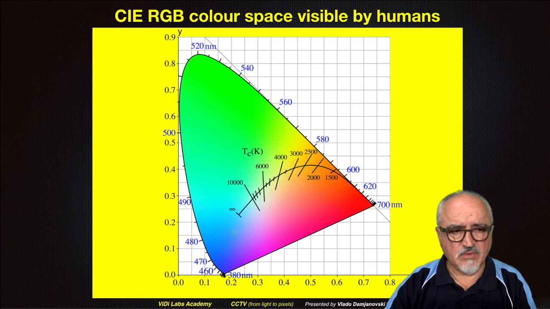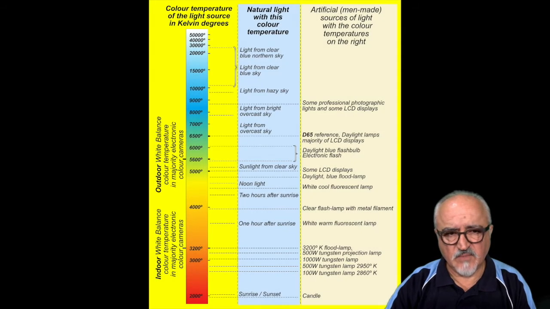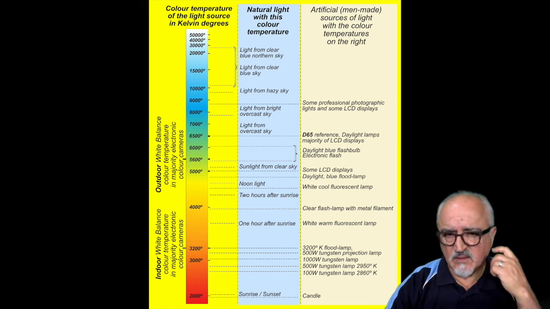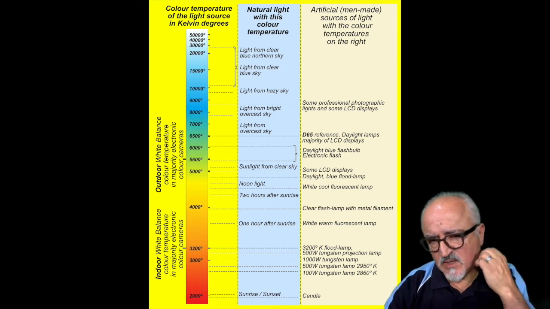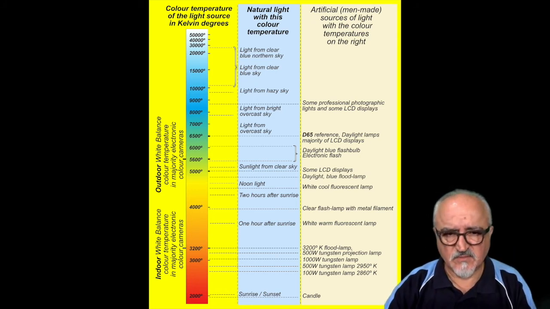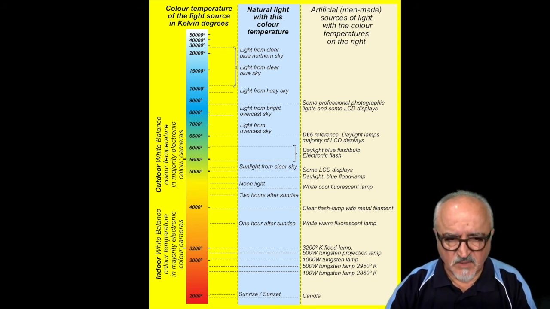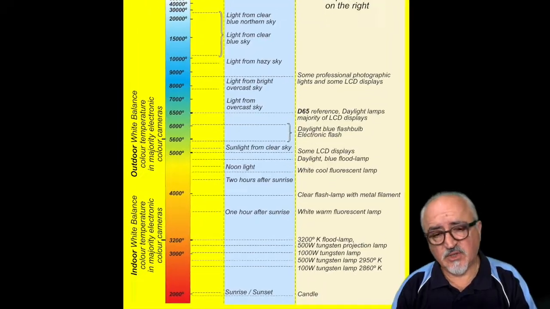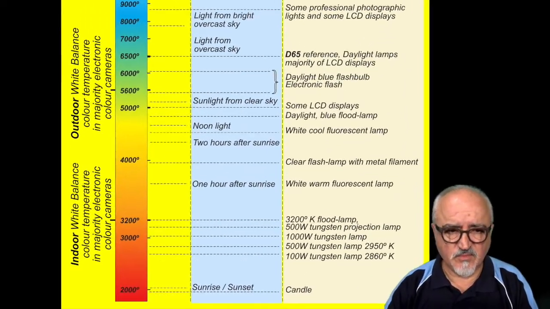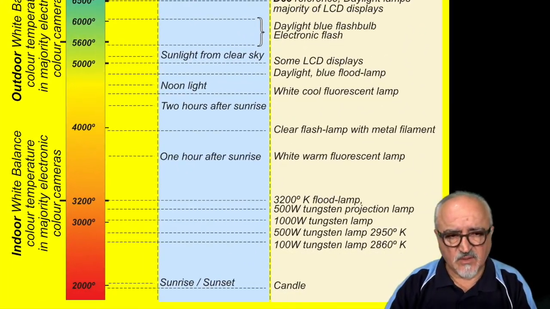Let's now show the actual color temperature spectrum, so we can explain how these different color temperatures fit in our everyday experience. We'll start from the very low. This is shown as a spectrum from red to white, going through all the colors. It's only symbolic, of course, but the closer to red it is, the lower the temperature is.